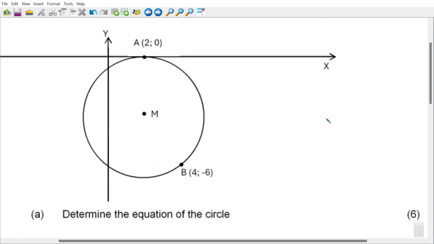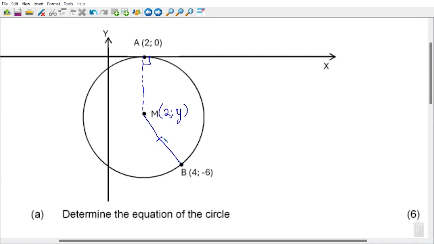We've got this question over here, and it asks us for the equation of this circle. What we don't know are the coordinates of M, but we do know that this is a tangent, so in fact, we know that this is perpendicular, which means that M must have an x value of 2. We also know that if its y value is, say, y, then this distance and this distance must be the same.